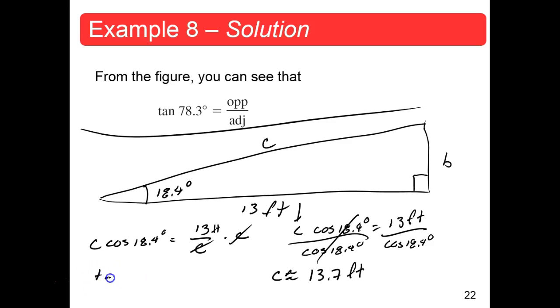So we know that tangent of 18.4 degrees is equal to B over 13. And then to get B, multiply both sides by 13 feet. That wipes out the 13 feet on that side, and you get B is approximately equal to 13 times the tangent of 18.4.